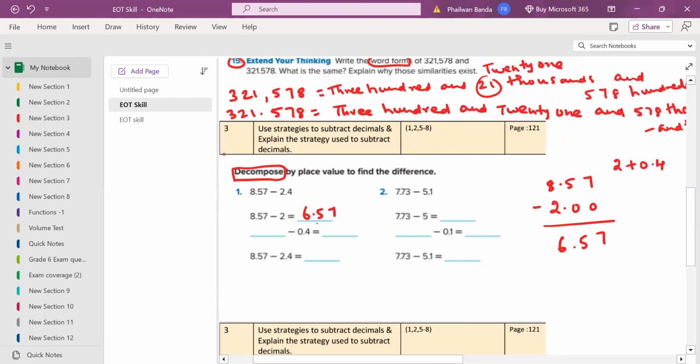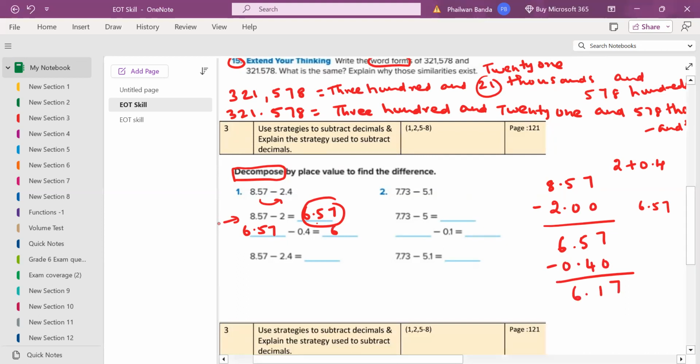Okay. So this answer must be written here, 6.57 minus 0.4. Because in the first place, 2 was subtracted from 8.57. The answer that you got here must be subtracted by 0.4. 0.4 means 0.40. Now how much is 6.57 minus 0.40? 7, 1 and 6.